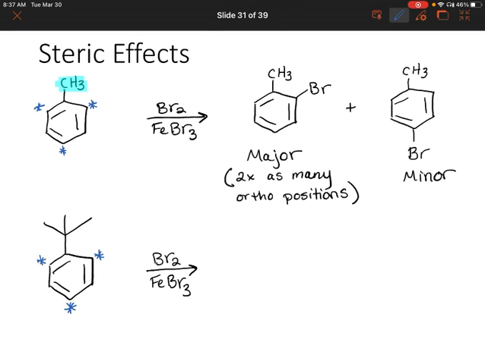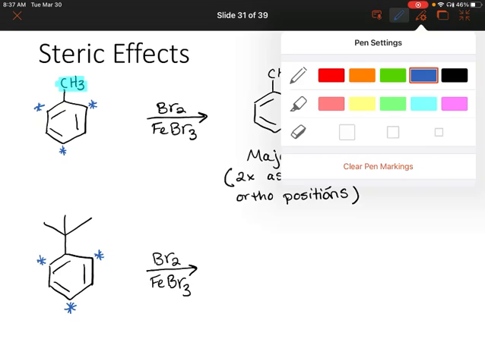Okay, now what we saw up above was that the ortho position would be the major product and the para position would give us the minor product. However, in this scenario, tert-butyl is quite large, so there's going to be some steric effects going on here.